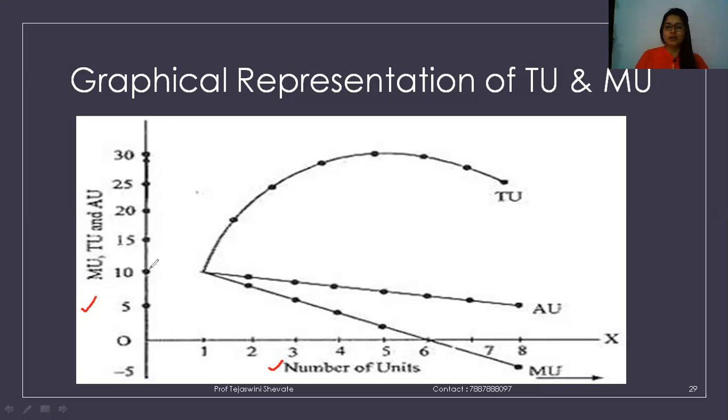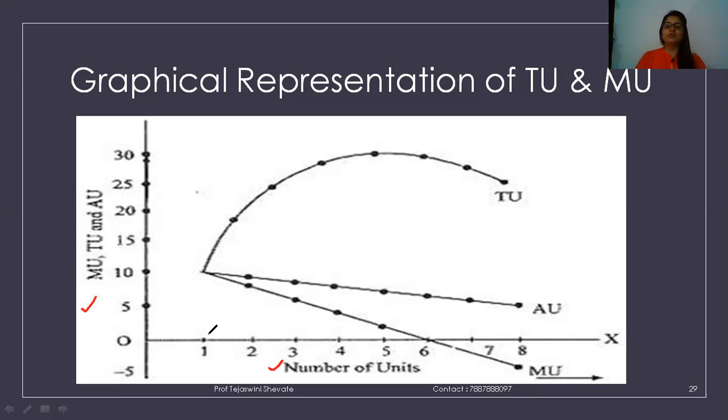So you just plot the number of units as 1, 2, 3, 4, 5, 6, 7, 8. So 8 were the number of commodities that we had consumed, and this is the scale that I have marked, wherein 30 is the maximum utility that I derive, right?